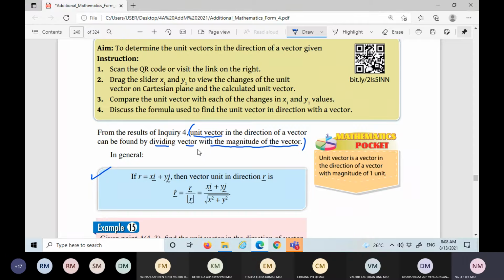So you just remember this: what is a unit vector, and how to find it. You find it by dividing the vector itself by the magnitude of the vector.